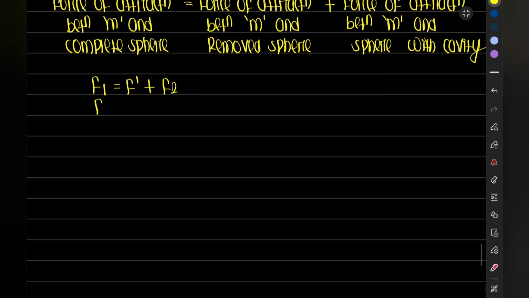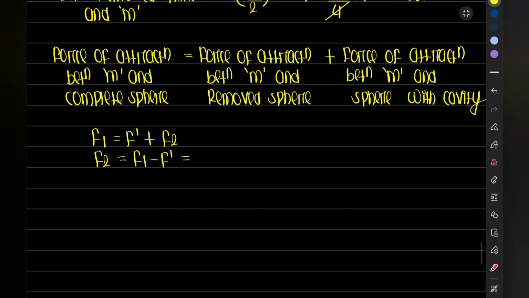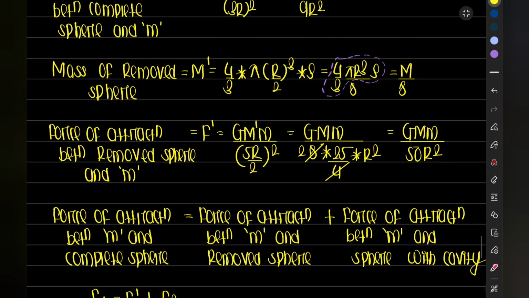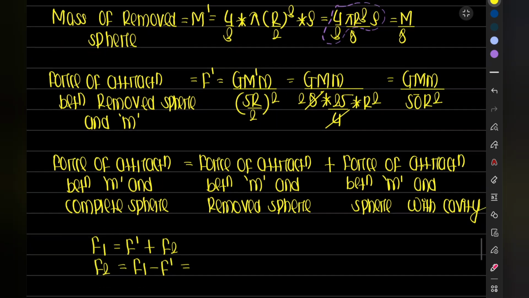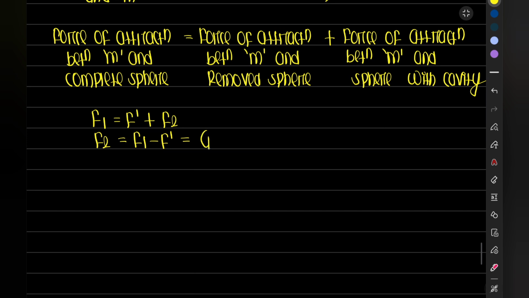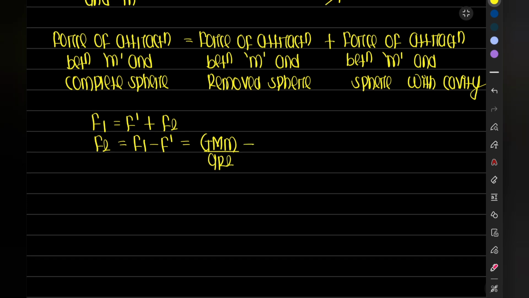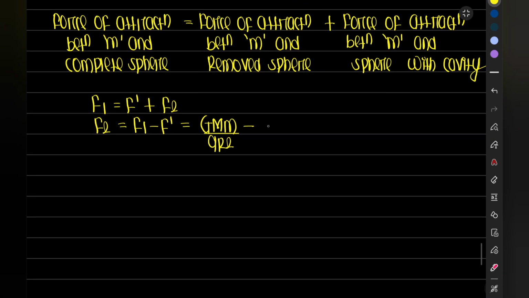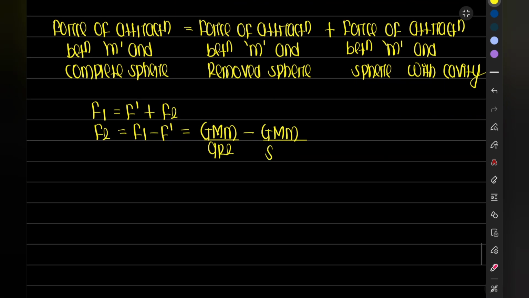So what do we want to find? F2, which will be equal to F1 minus F dash. What is the value of F1 we have? The value of F1 we got is G capital M small m by 9r square. Whereas F dash, how much we got? G capital M small m by 50r square.